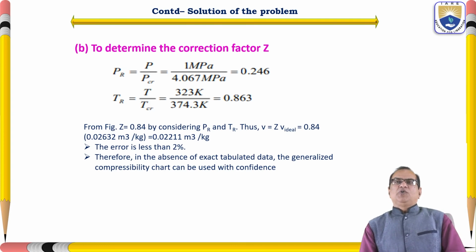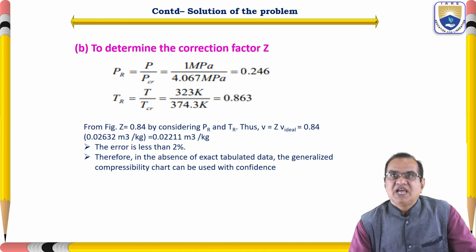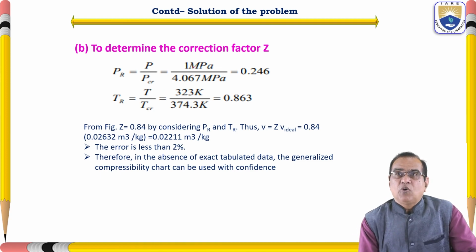To determine the correction factor, that is Z, PR is equal to P by PCR. Here P is equal to 1 megapascal and PCR, the critical pressure, is given as 4.067.